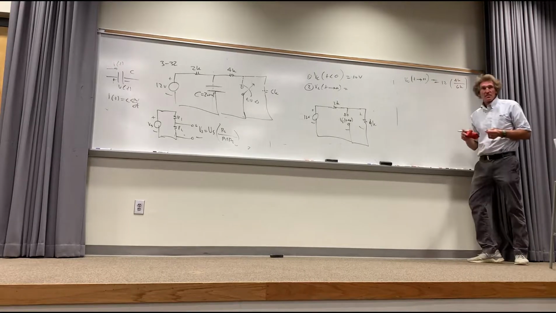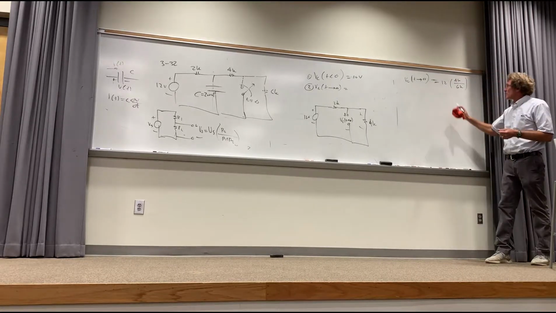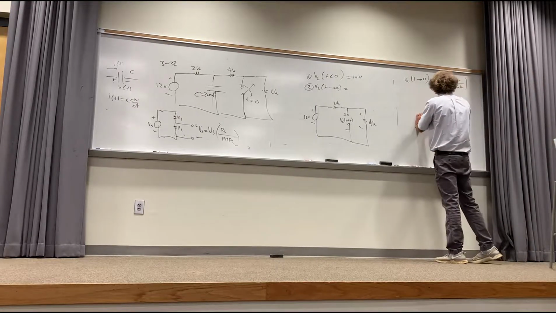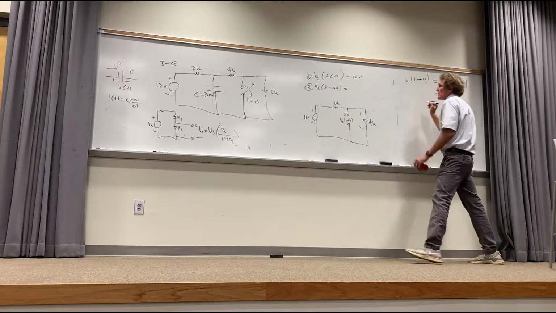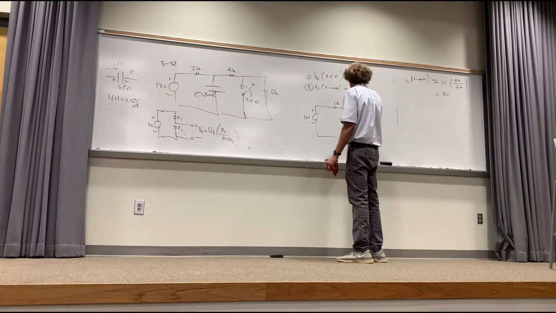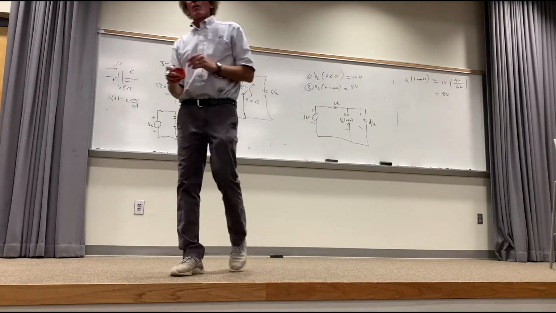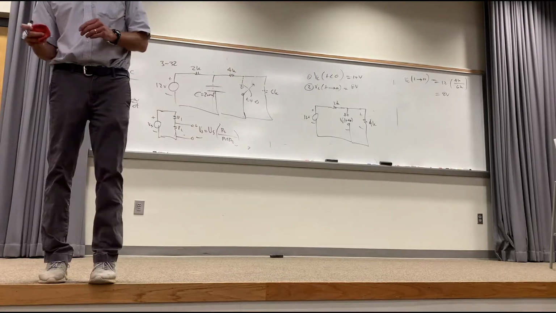Y'all agree with me? What's that going to be? Well, 12 divided by 6 is 2, 2 times 4 is 8 volts. So this is 8 volts. Everybody agree with that?